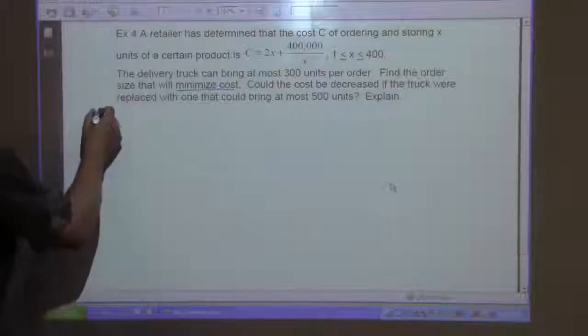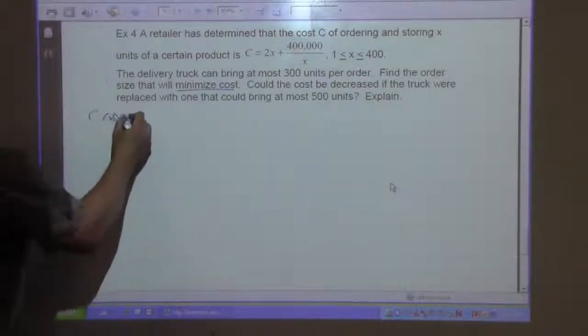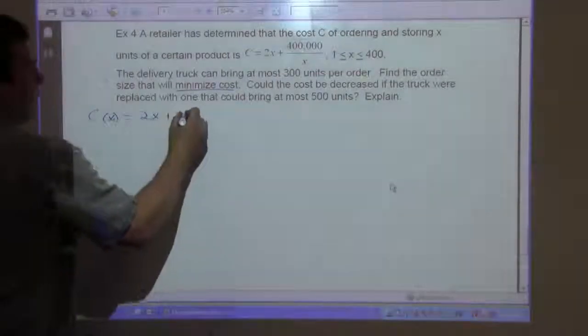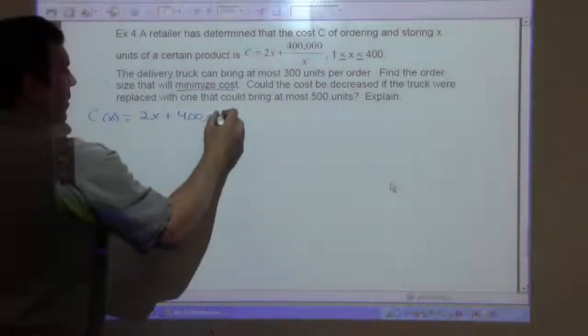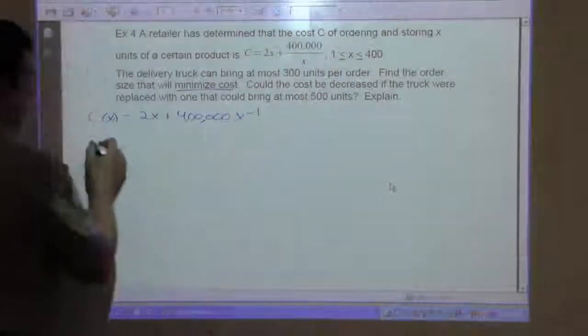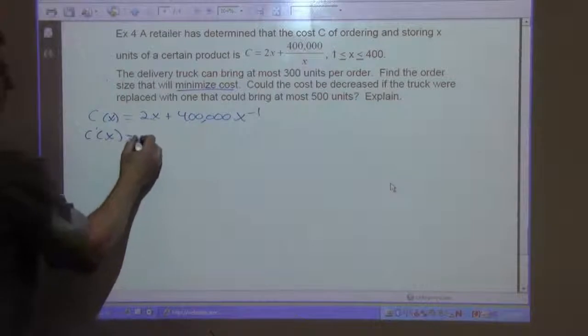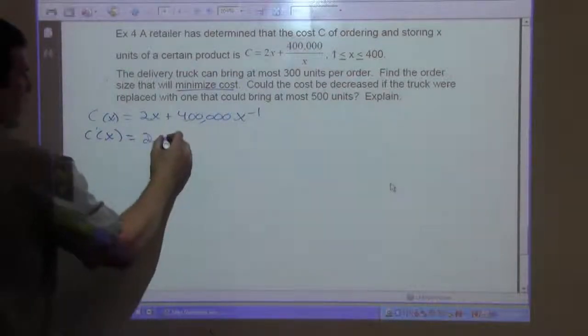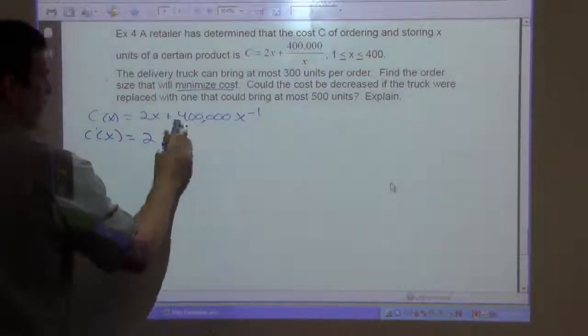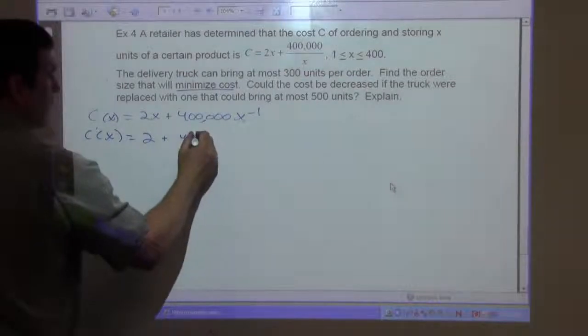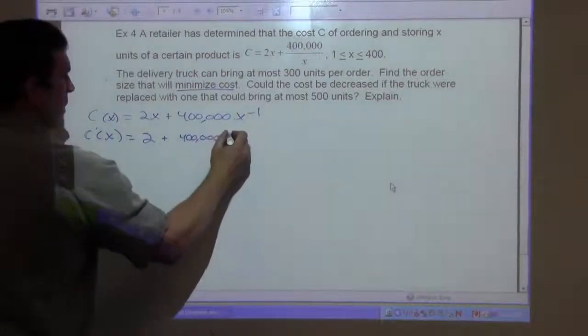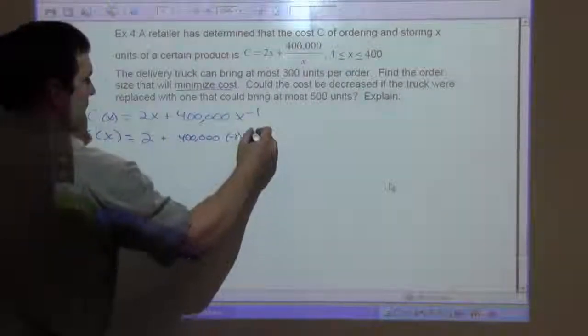Explain. So our C of x would be 2x plus 400,000 x to the negative 1, which means C prime of x is 2 plus 400,000 times negative 1 x to the negative 2.